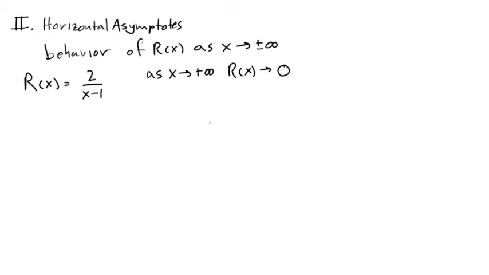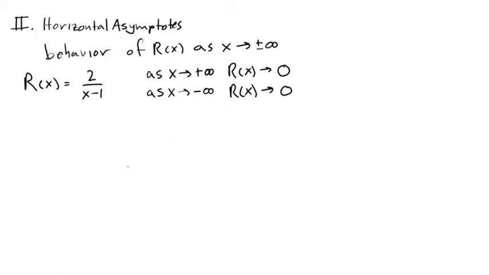It's getting closer and closer to 0. The same thing is true as you go to negative infinity. If my denominator gets infinitely large on the negative side, then the fraction is getting infinitely small on the negative side, so it is also approaching 0.